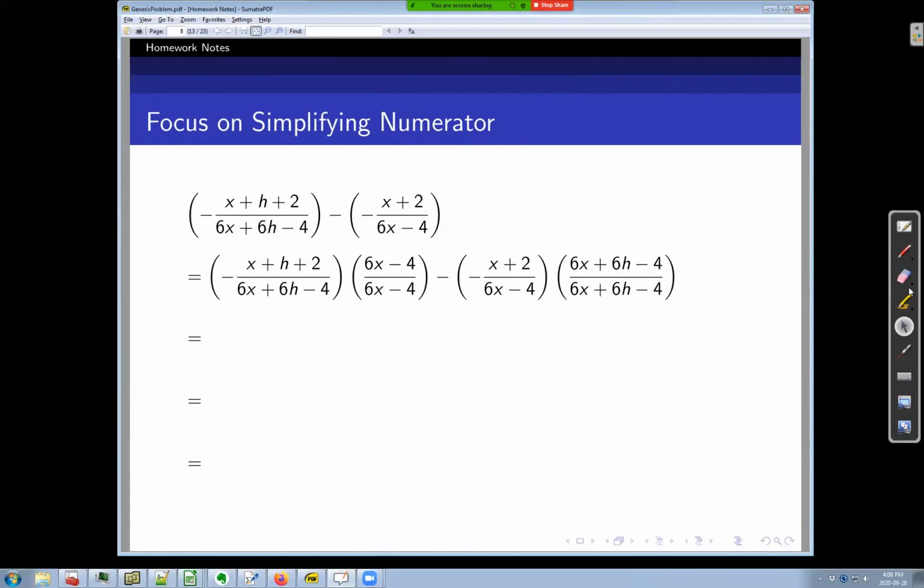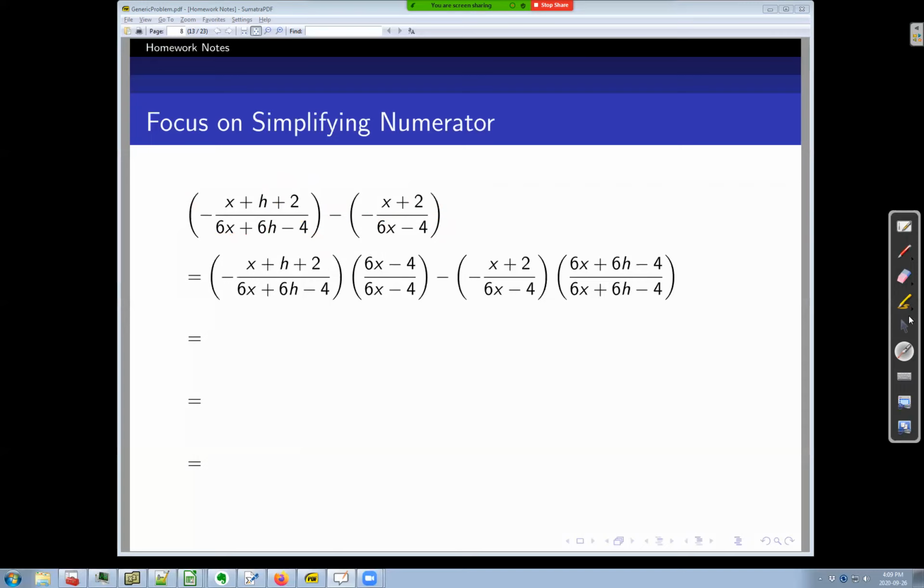Okay, so here we go. Here's the numerator. Here was the original numerator from the previous slide. And I know that if I want to add or subtract two fractions, then you all know that we need to find a common denominator. So before you can add or subtract fractions, you need a common denominator.